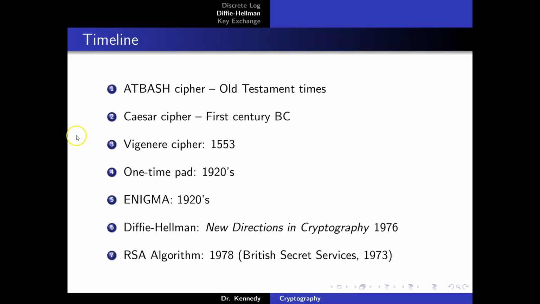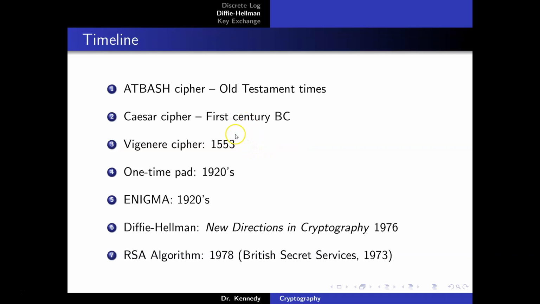All right, so let's see where we're at right now. Okay, at the beginning of the semester, we talked a little bit historically about some of the older ciphers. One of the oldest ones in use that we know of is the Atbash cipher. Then there's the Caesar cipher from the 1st century BC. We saw some basic ideas with monoalphabetic ciphers.